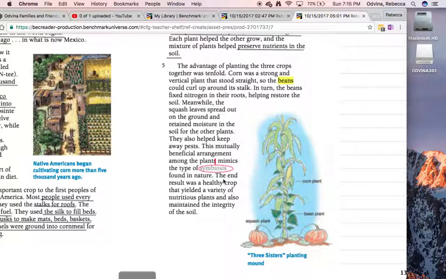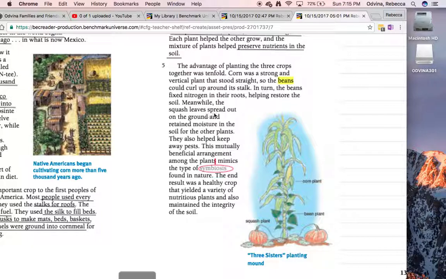And we're going to be using a short history of a special plant. The advantage of planting 3 crops together was tenfold. Corn was a strong and vertical plant that stood straight, so the beans could curl up around its stalk. In turn, the beans fixed nitrogen to their roots, helping restore the soil.